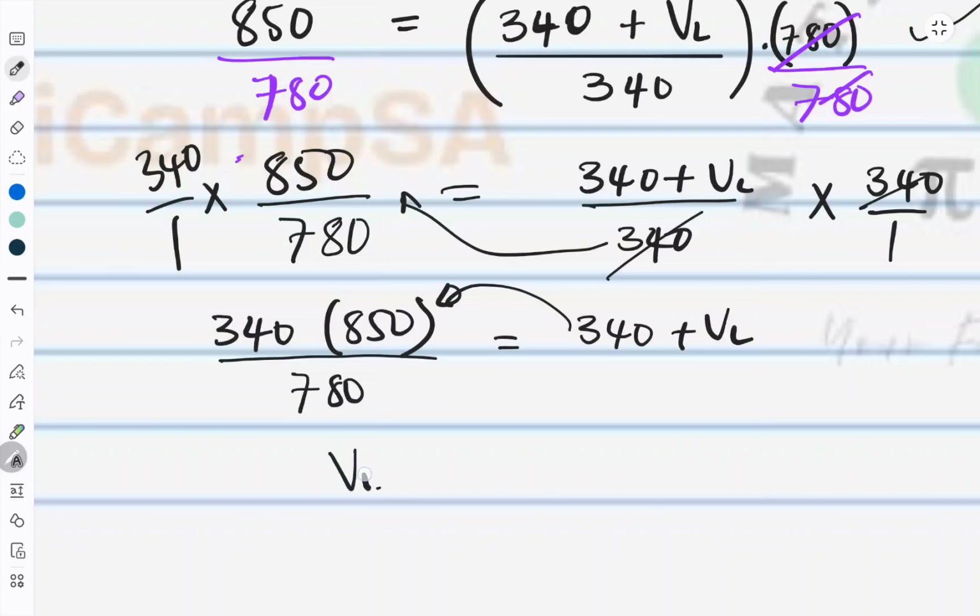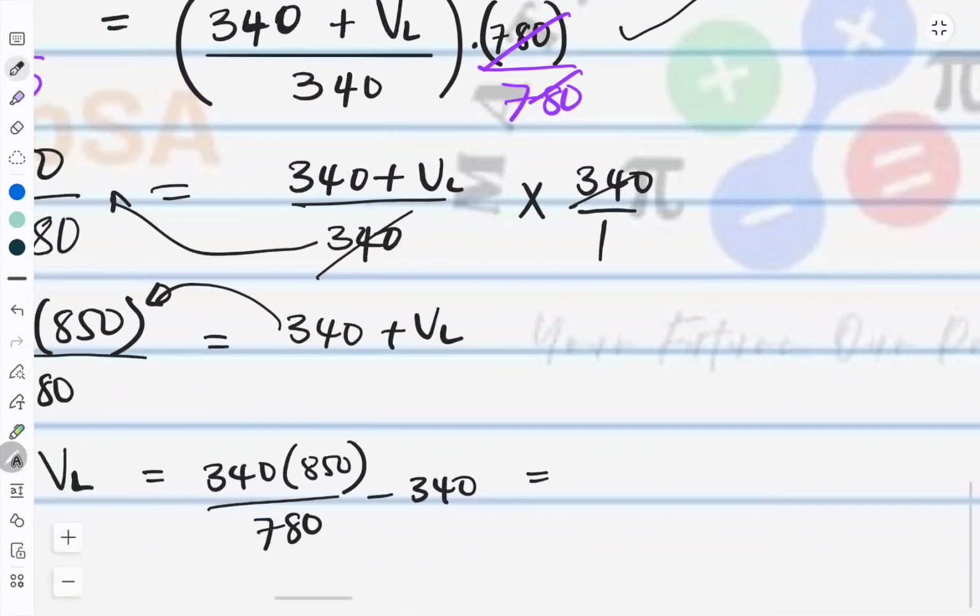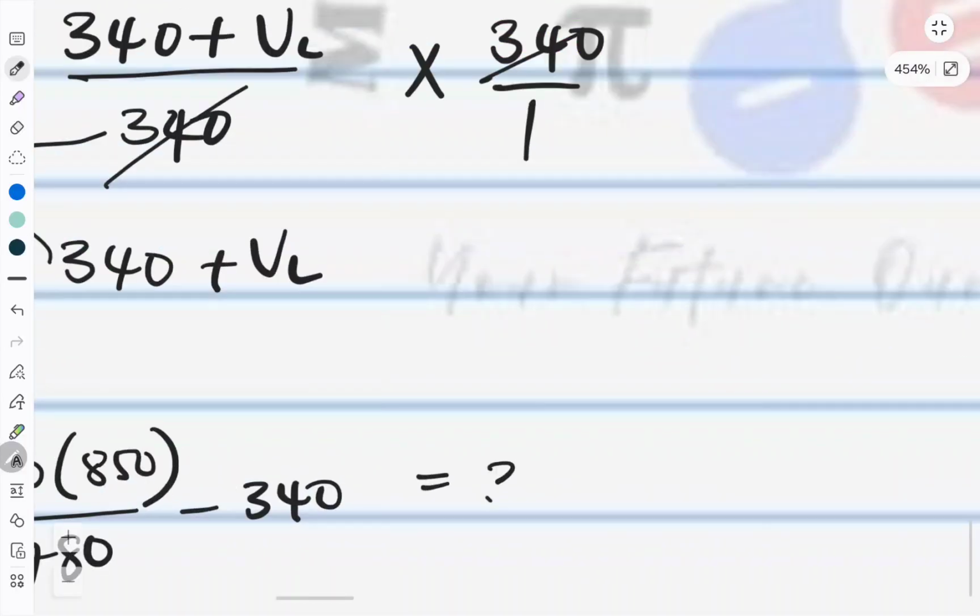So VL will simply be, I'll write the answer here, 340 times 850 over 780 minus 340. Your answer should be, I get 30.51 meters per second.